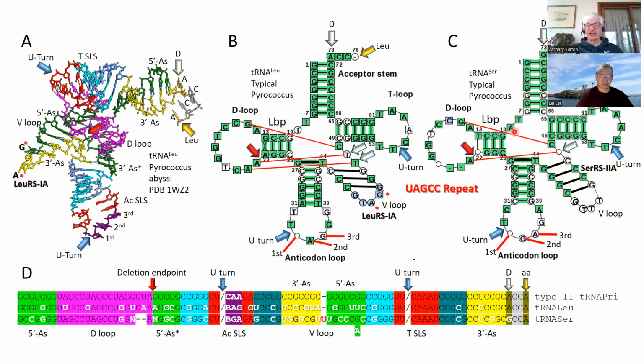Oh, this is a reminder. UAGCC, UAGCC, two perfect repeats. In case you don't believe me that this is a UAGCC repeat, you should believe me, but you don't, you're under no obligation.